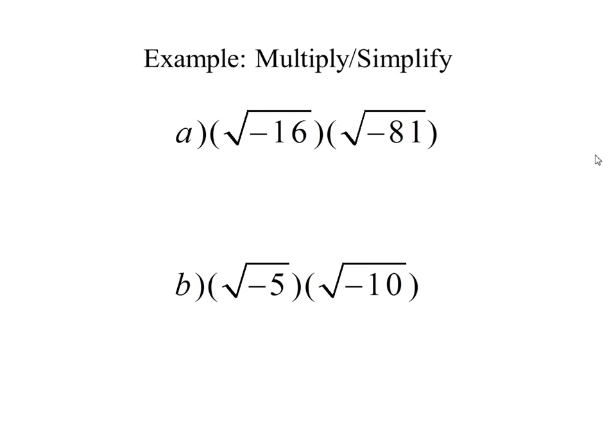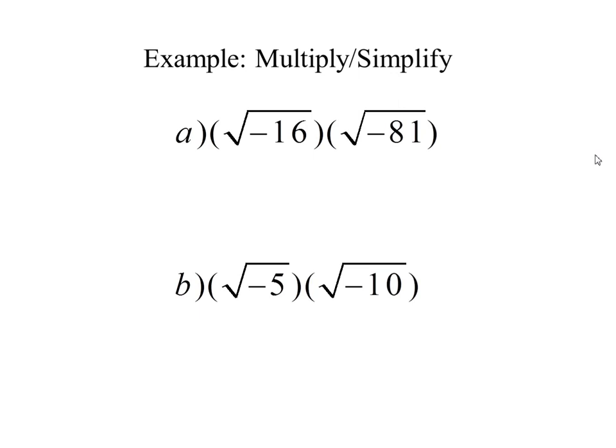Okay, letter B is a little tricky. How would you simplify the square root of -5? You can, just a little bit. What would you do? What's the square root of -1? i.